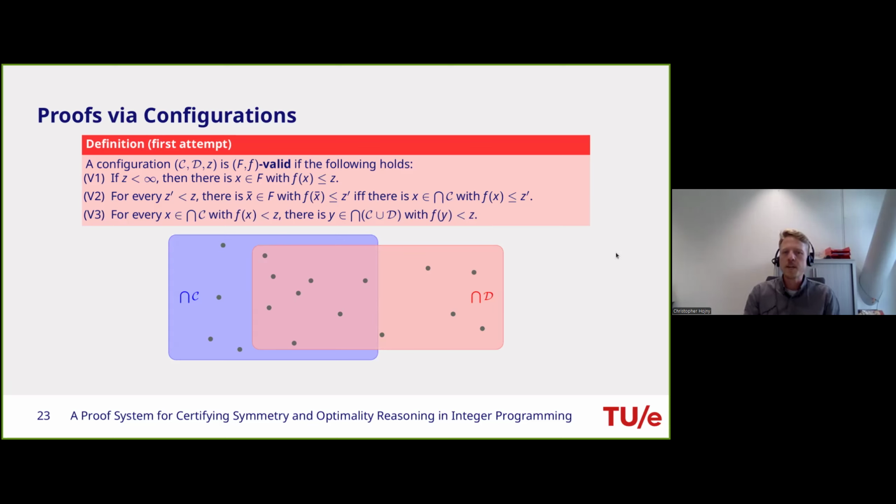So in this picture, I have the core constraints and some derived constraints, and as we can see, these derived constraints do not cover all the solutions that satisfy the core constraints. Property V3 tells me that if there is a solution that only satisfies the core constraints, but not necessarily the derived constraints, I need to find an alternative solution y that satisfies both the core and the derived constraints, and which also improves upon the objective value z.